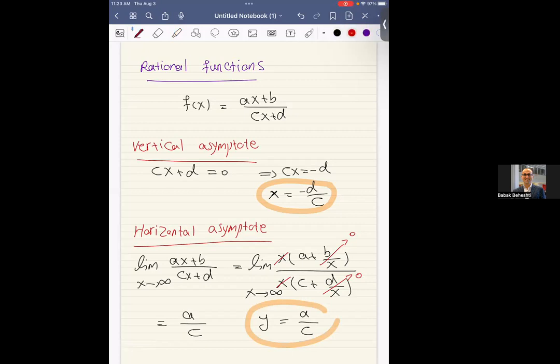Okay, so the summary is: x equal to minus d over c is the vertical asymptote, and y equal to a over c is the horizontal asymptote.